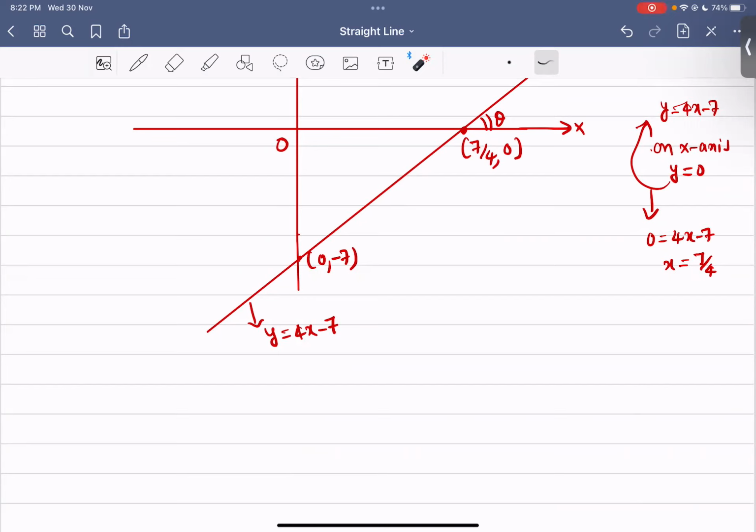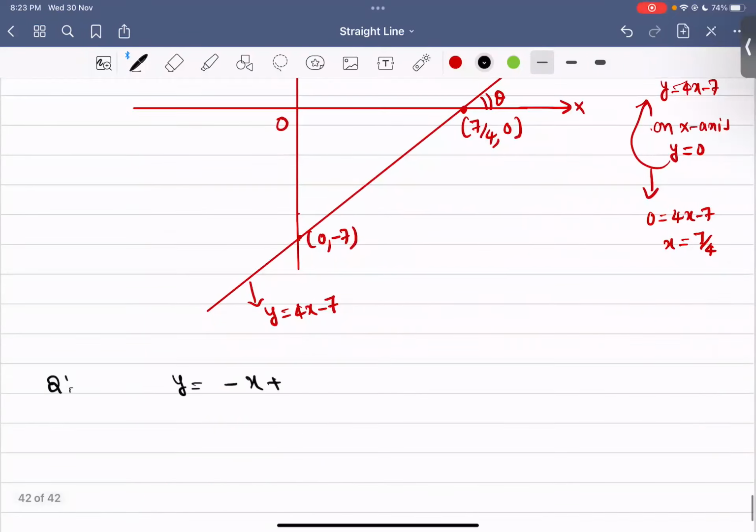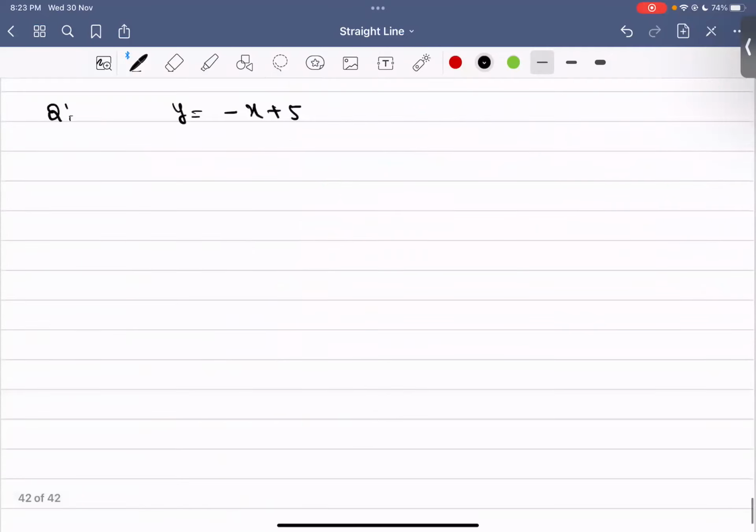One more example we will see. Suppose the next question is y is equal to minus x plus 5. Now here m is equal to minus 1.